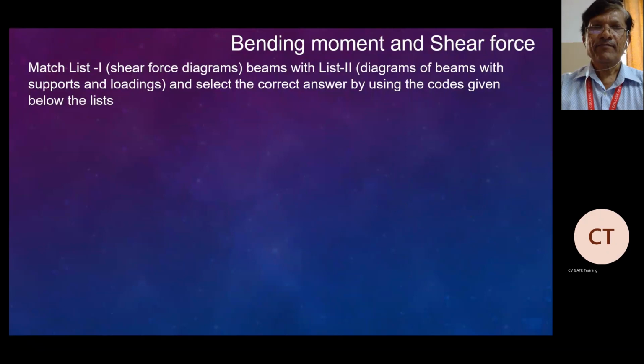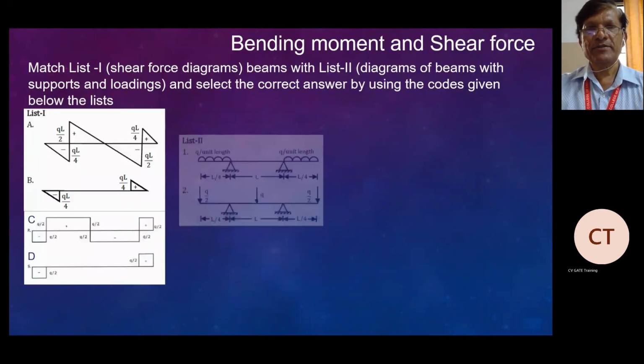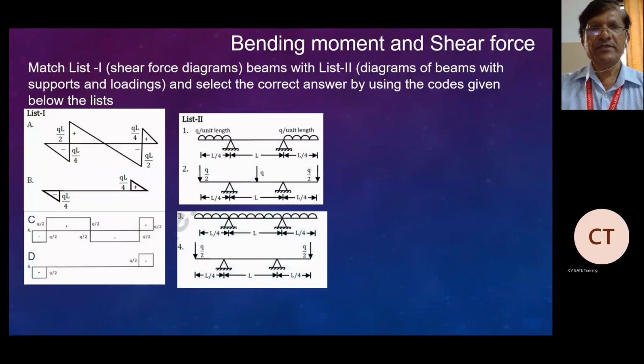In list 2 we have the diagrams, that is the shear force diagram, and the moment and the loading diagrams. So we have to match which is the correct one. Here A will be having the full overhanging beam, and it will be having the inclined shear force diagram, and I think this is the correct one.